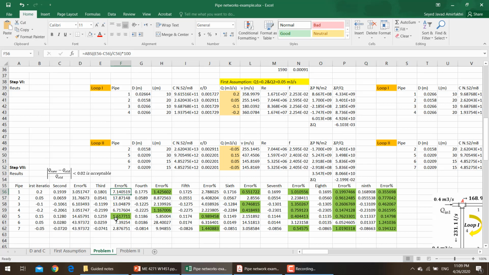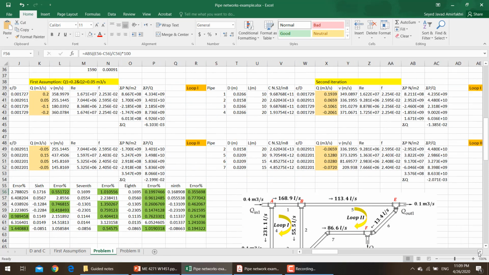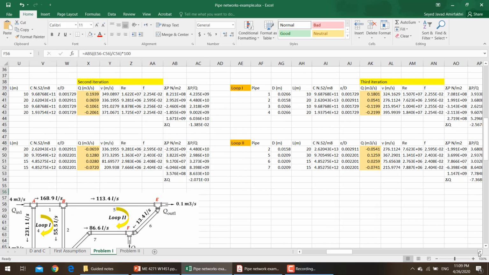Only pipe 5 has an error less than 2%, but this is not acceptable. You need to have an error less than 2% in all pipes. So you need to repeat this process, and you can stop when all errors are less than 2%. So I just continue this calculation.